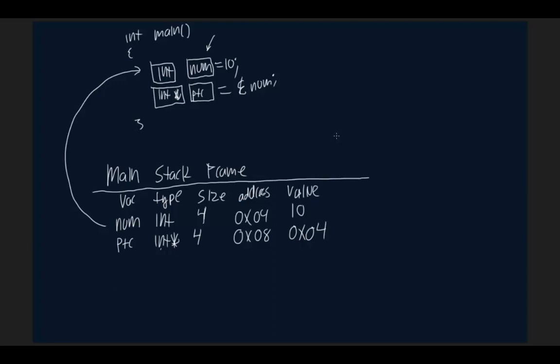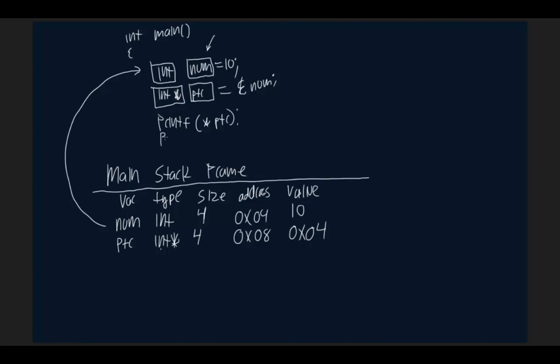So, if I were to do something like this, if I were to say printf, I'm just going to completely ignore format specifiers right now, just for sake of simplicity. So I'm going to say print dereference ptr.